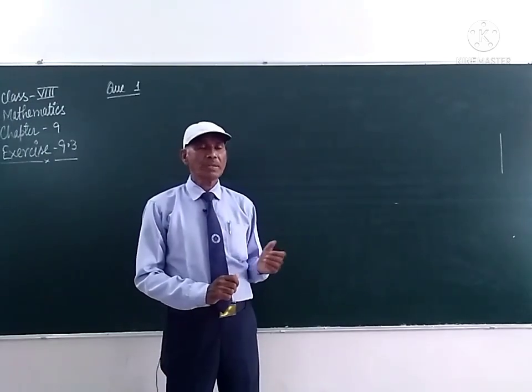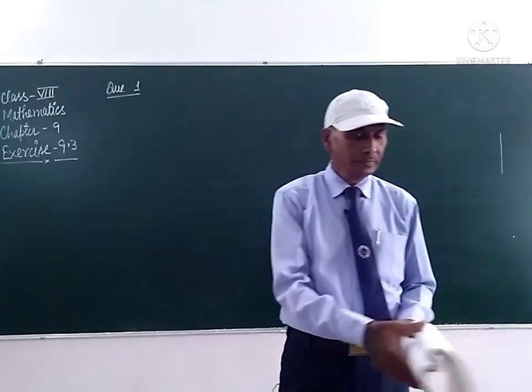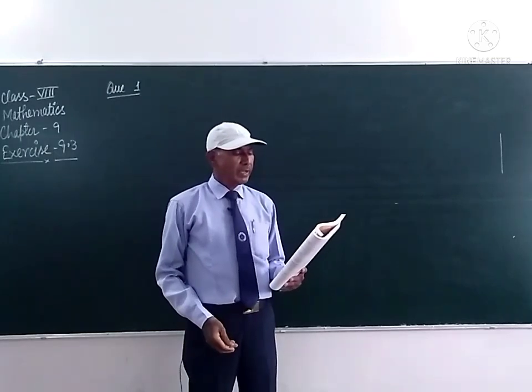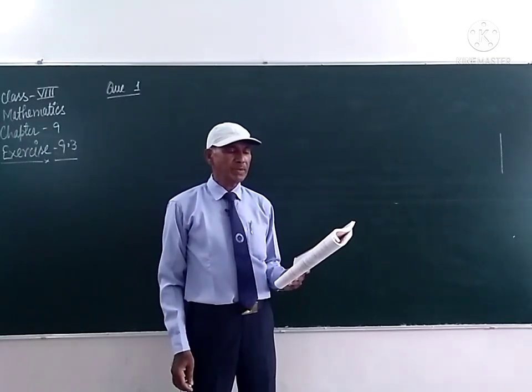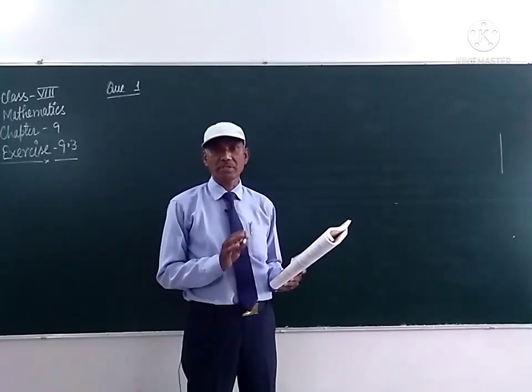So, question number first of this exercise is, students, carry out the multiplication of the expressions in each of the following pairs. Students, I am not going to write the question.